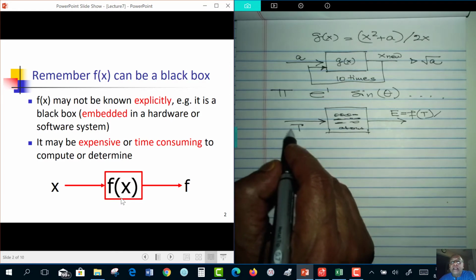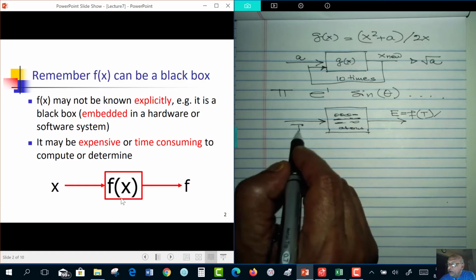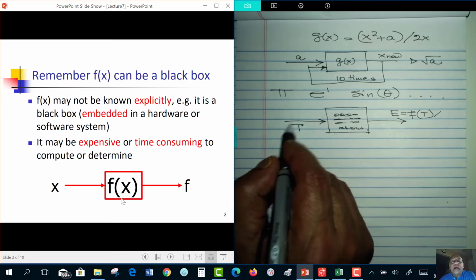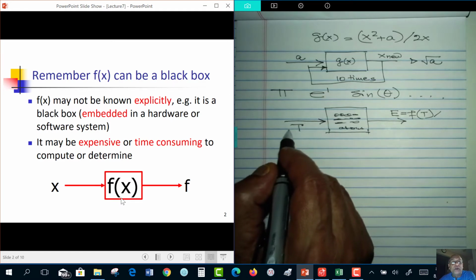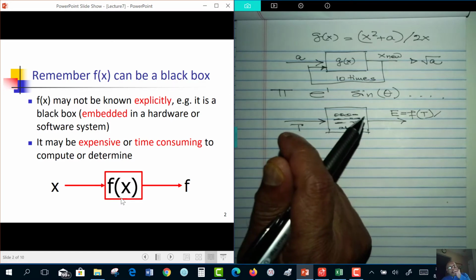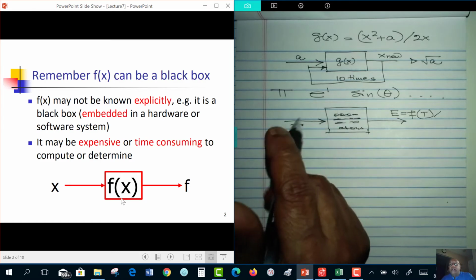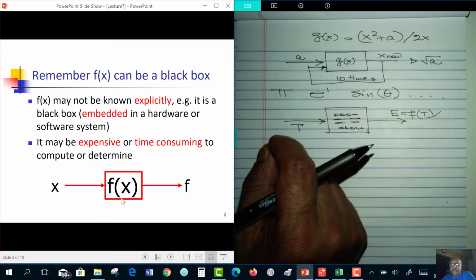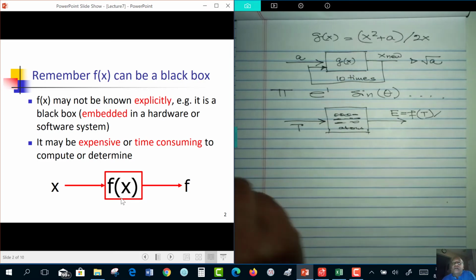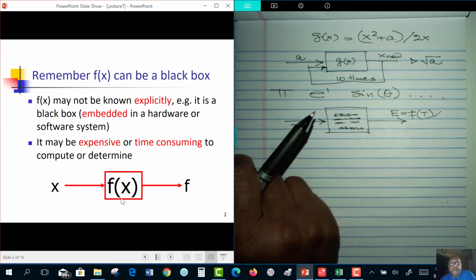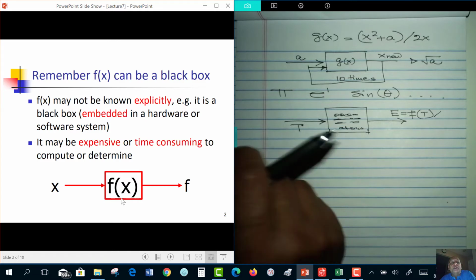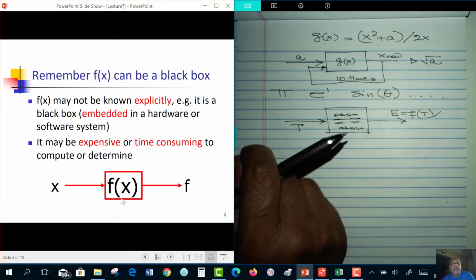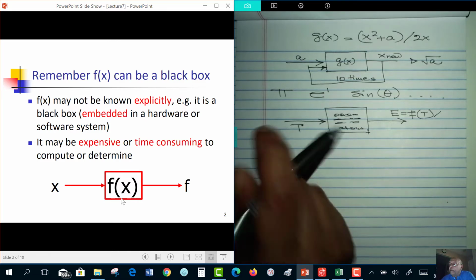I want to conserve my calculation, so I want to make sure that I only compute the function at a given temperature only once. That is why it is very important that you write your root finding software to be very efficient, which minimizes function calculations. And you're going to see how we are going to do that in our next example.